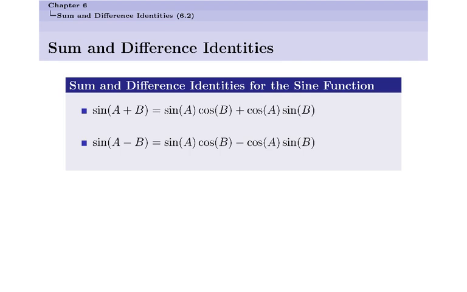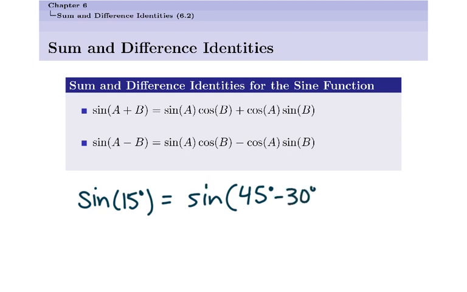For example, if I asked you for sine of 15 degrees, you would say, okay, well, I know sine of 45 degrees, and I know sine of 30 degrees. Do you agree that sine of 45 degrees minus 30 degrees is really just sine of 15 degrees? If you can break it up like this, you can rewrite the formula.